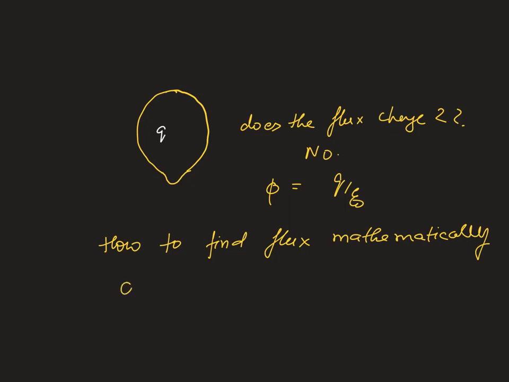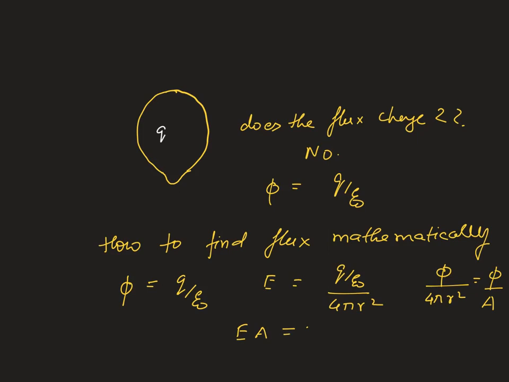We know that flux was q by epsilon naught, and we know that electric field intensity was basically q by epsilon naught upon 4 pi r squared. That we could say is flux upon 4 pi r squared, or flux upon area. So if you could multiply field with area, we could get flux. But it is not as simple as it sounds. It's not a straightforward multiplication of field into area, and I'll explain to you why.